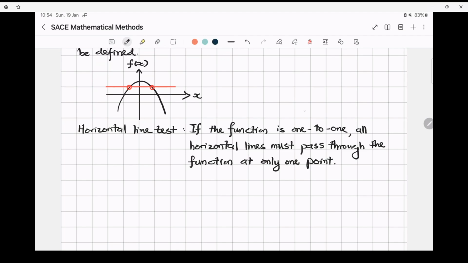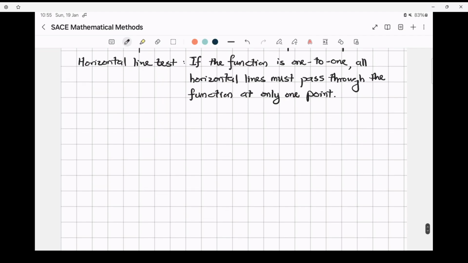If it is one-to-one, then it also implies that you have an inverse. So the horizontal line test is usually used to test whether or not your function has an inverse, and at which range your function has an inverse.